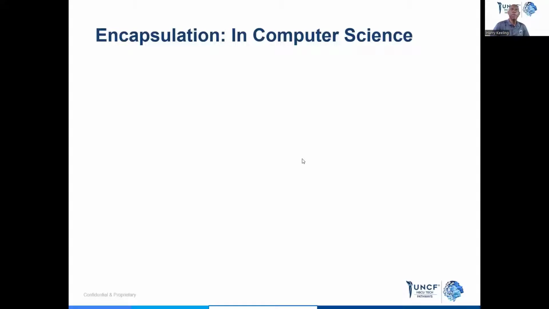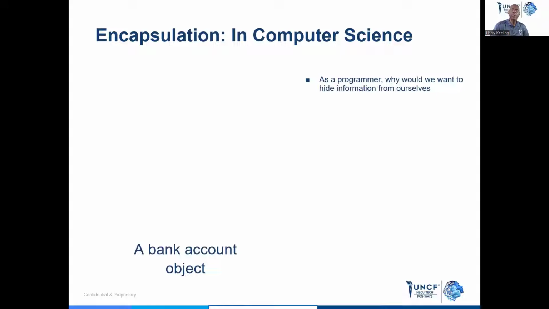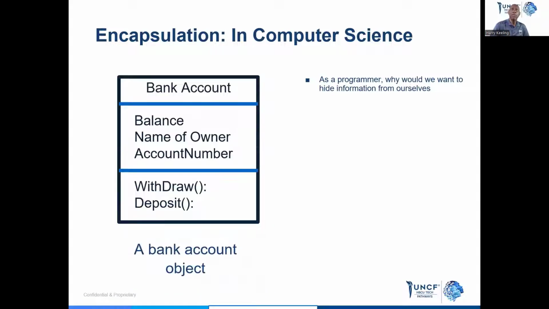To better understand the reasons for hiding data, let's take a use case scenario from banking. Imagine you are creating a banking application and you need data from individual bank accounts. Now, all these bank account records or objects have a balance. Do you really want any program, any code to just modify the account balance? I don't think so.